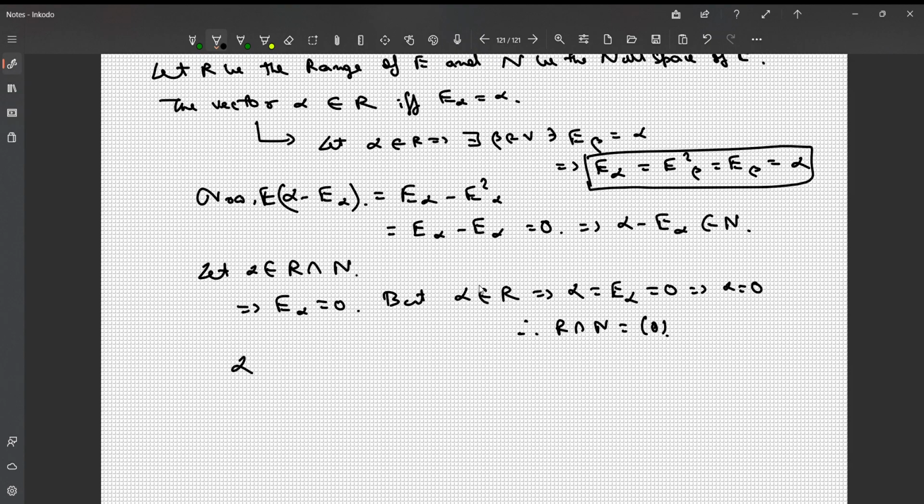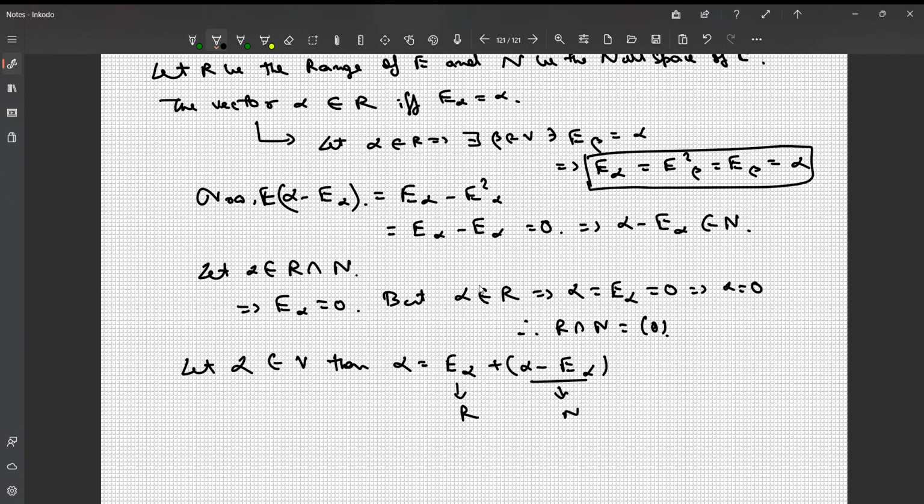Now observe that, let alpha be a certain vector of V. Then alpha can be written as E of alpha plus alpha minus E of alpha. Now this is an element from the range space, this is an element from the null space.